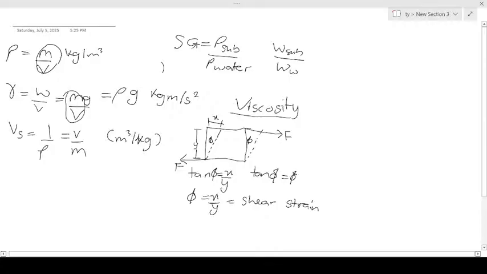So your rate of shear strain is going to be this divided by time, which will be the same as this. So this becomes the rate of shear strain.